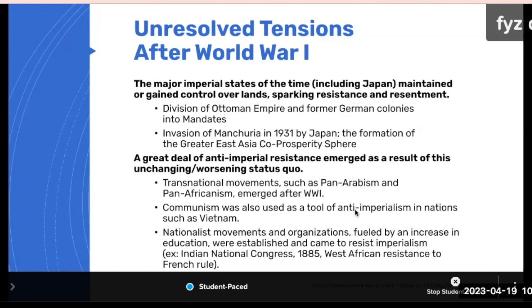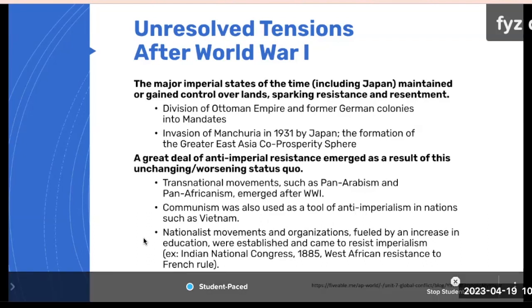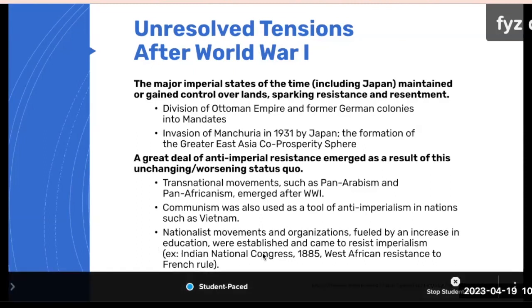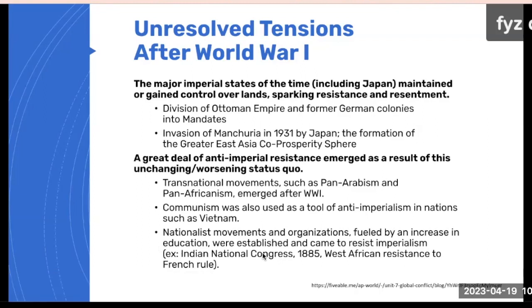We are going to see groups that, using Western education, using the access to education that has been provided due to this modern era where it's more accessible, establish groups that try to resist imperialism. Like we see the Indian National Congress in India trying to fight back against the British Raj. We also see West African resistance to French rule.